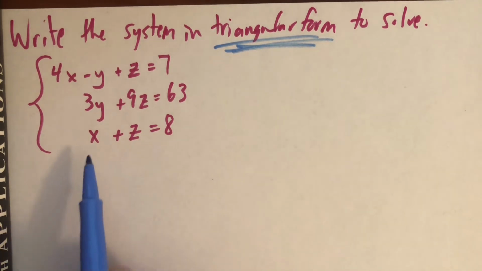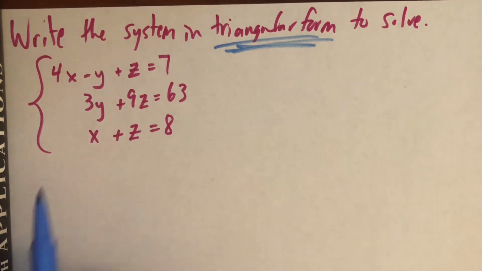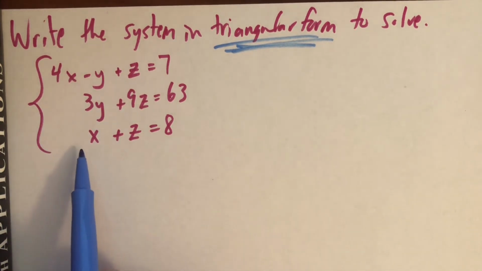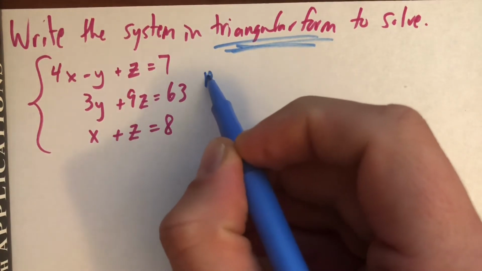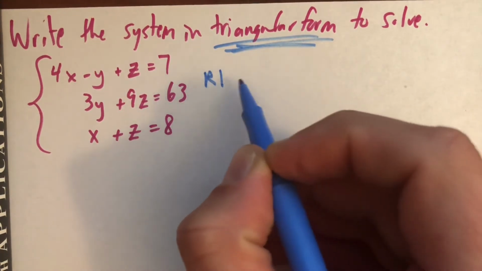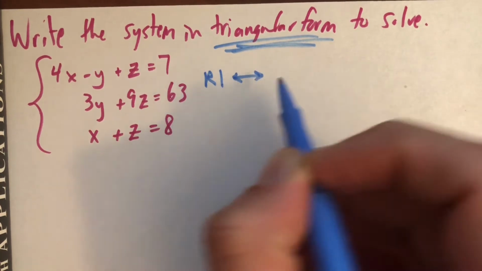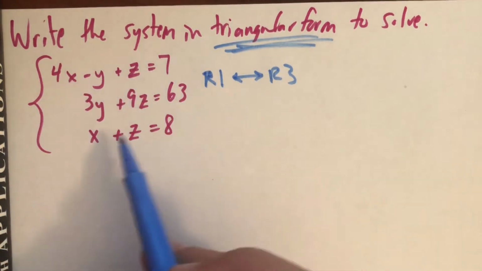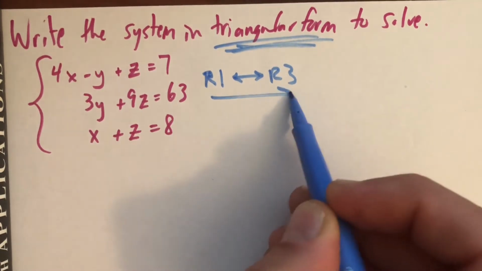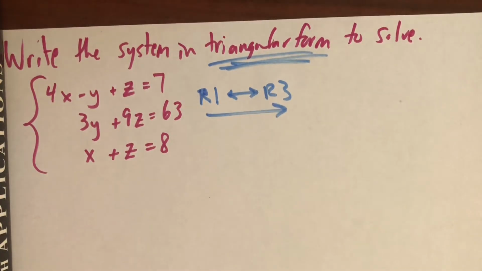So I think the easiest thing to make this system have an x on the top with a coefficient of 1 is to interchange row 1 and row 3. So if I take row 1 and interchange it with row 3, that's all we're going to do. So we can do that.